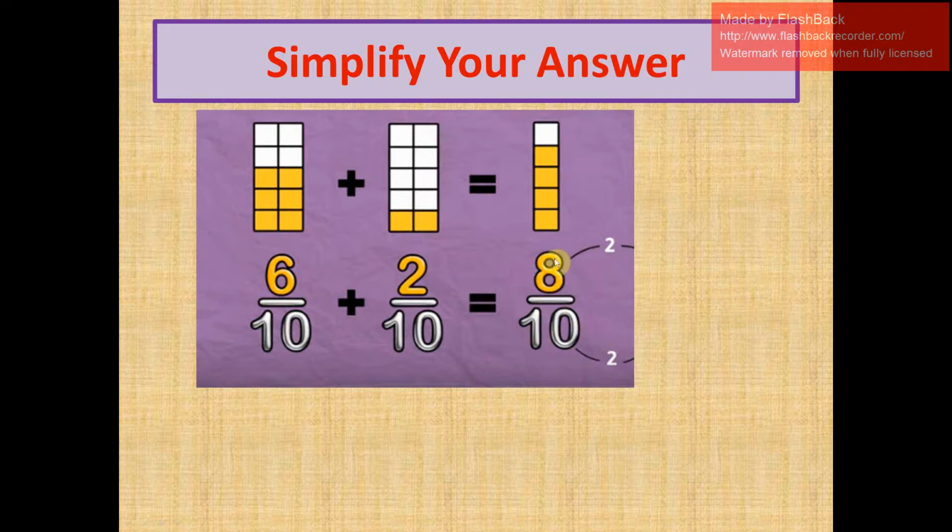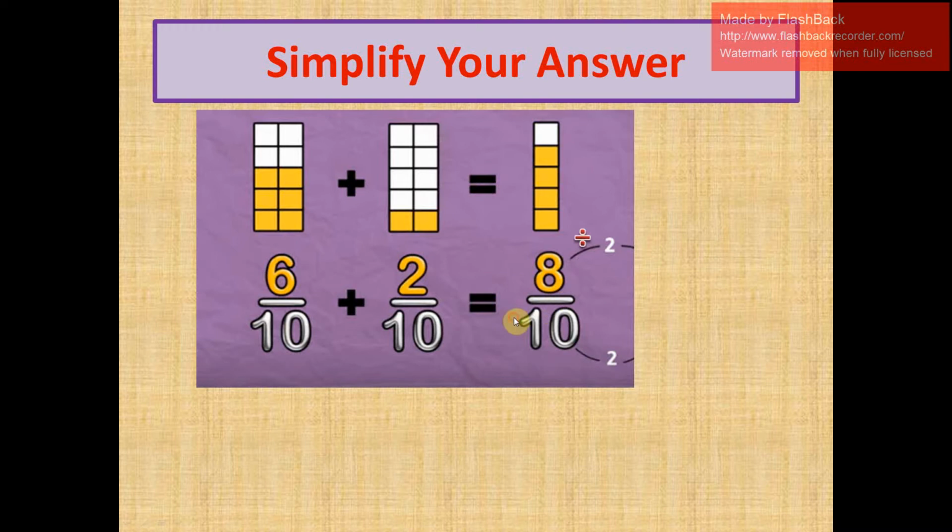How? You have to find the factors for 8 and the factors for 10. The factors for 8: 1, 2, 4, 8. The factors for 10: 1, 2, 5, 10. So the greatest common factor between 8 and 10 is 2.